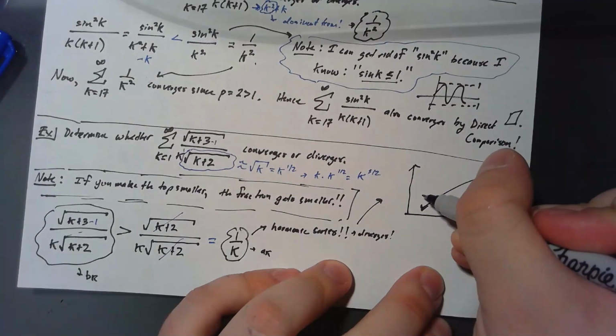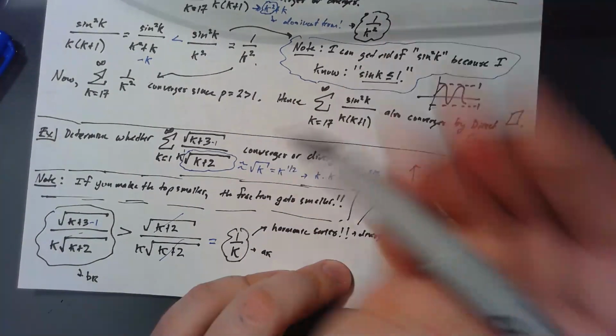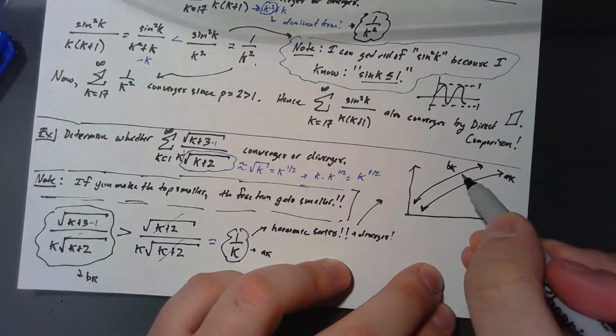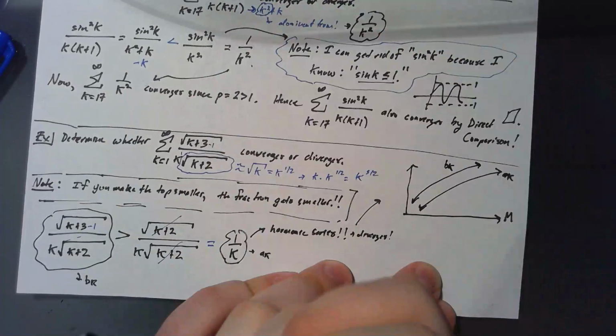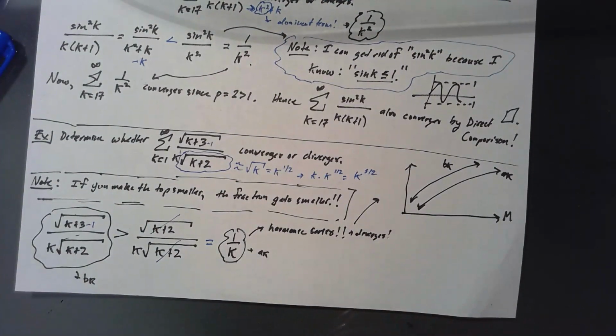If it's above it, and this one's diverging, it must diverge as well. If it's caught above it, it's going to take off with it. So the comparison works here. Since I looked at it graphically, I could justify it to myself and say, all right, it works. Great.